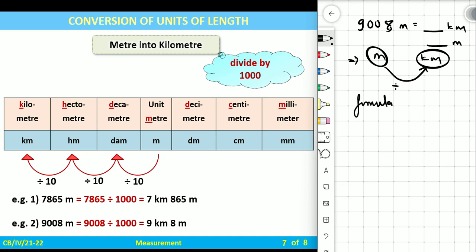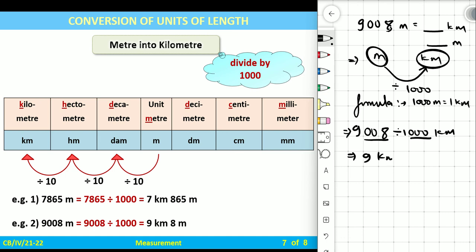The formula says 1000 meter is equal to 1 kilometer, so we divide 9008 by 1000, and it will give us kilometer. Leave these three numbers, I get 9 kilometer, and the remaining three numbers, 008, we can just write as 8 meter. Is it correct? Yes, it is correct.